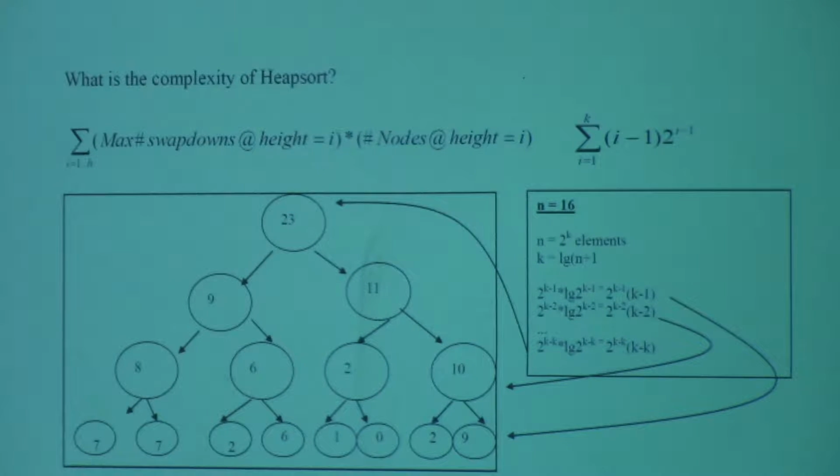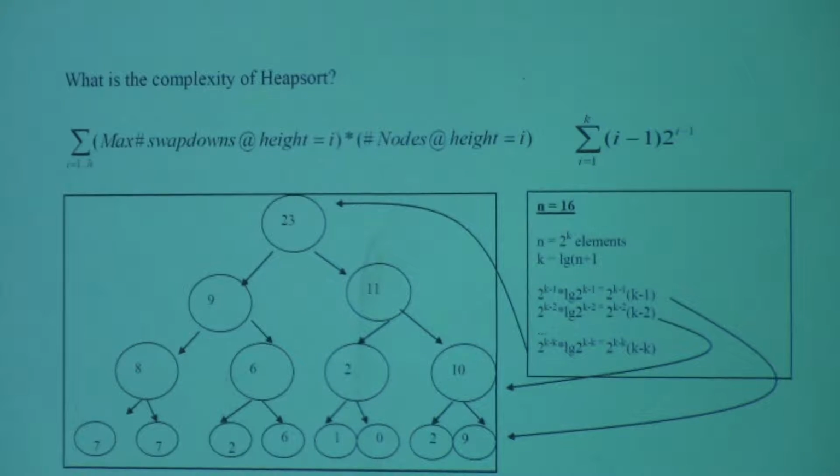Okay, let's try h. 2 to the h minus 1. Notice that that second parameter is growing. How is that second parameter growing? It's growing exponentially, right? As i is going from 1 to k, 2 to the i minus 1 is doubling each time. Well, what's doubling each time? What doubles each time in this tree? Number of nodes.